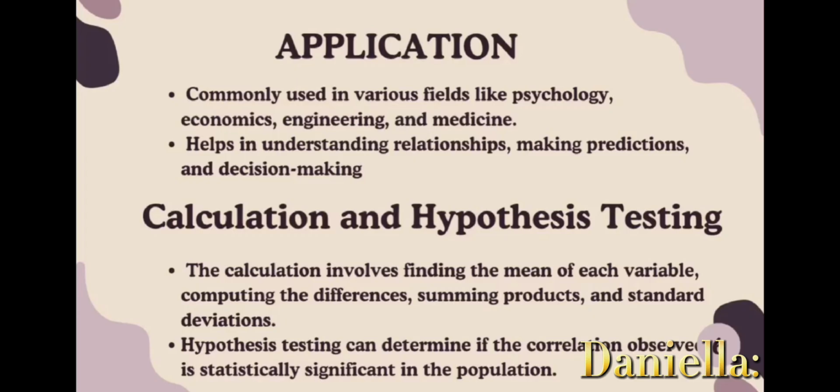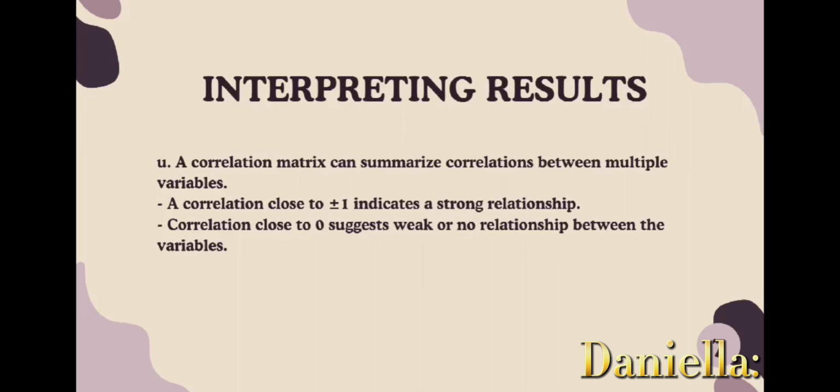Hypothesis testing can determine if the correlation observed is statistically significant in the population. Interpreting results. A correlation matrix can summarize correlations between multiple variables. A correlation close to +1 indicates a strong relationship. A correlation close to 0 suggests a weak or no relationship between the variables.